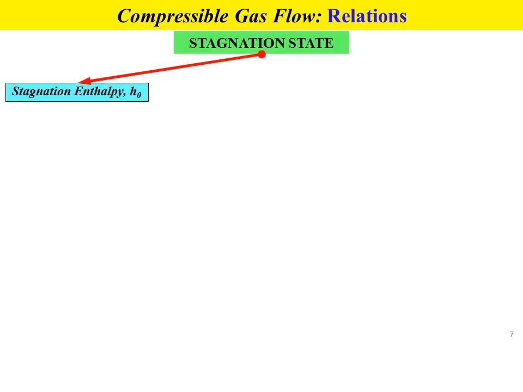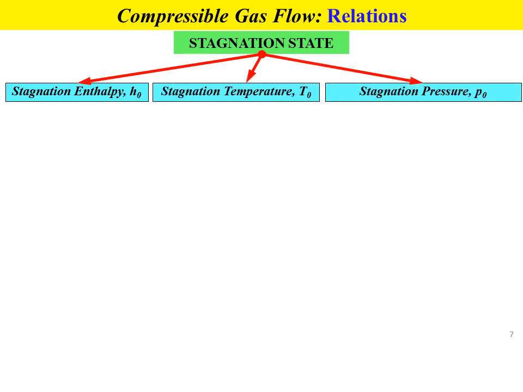First, the equation for stagnation enthalpy H0. Second, the equation for stagnation temperature T0, and also the equation for stagnation pressure P0. So for stagnation enthalpy, H0 equal to static enthalpy H plus the term for kinetic energy of the fluid, where C represents the fluid velocity.